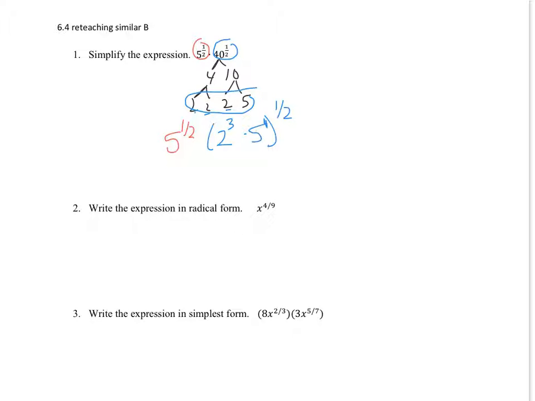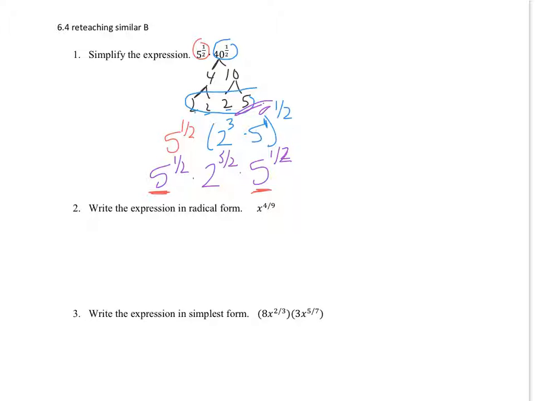So now I have to think my properties of exponents. I have first power to a power here and here. So 5 to the 1/2 times 2 to the 3/2 times 5 to the 1/2. Now I'm not done with my properties of exponents because here I have the same base. This is base 5, this is base 5. Base, remember, is the big number raised to any exponents.